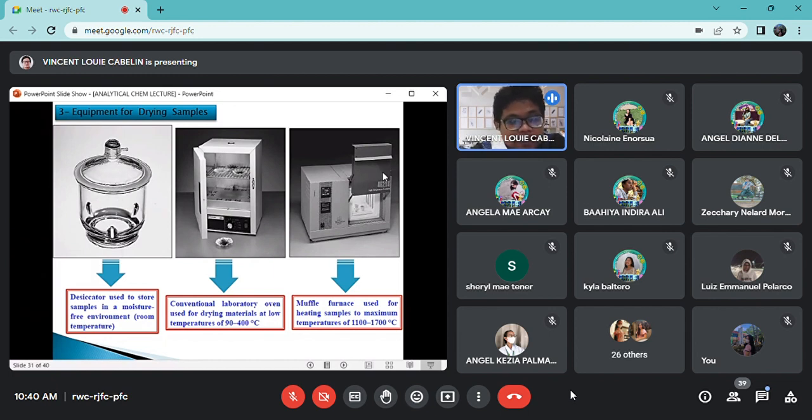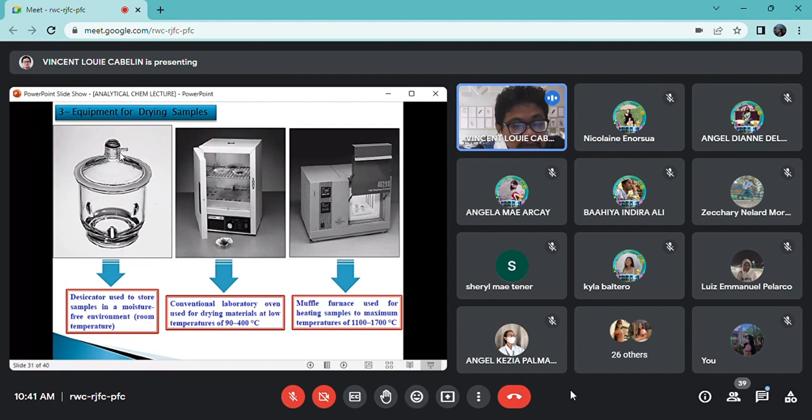You have a desiccator. It's usually a metal jar that looks like this. You put your samples inside, and then you could suck the air from the inside, sucking all the liquid that evaporates from your sample inside the jar.